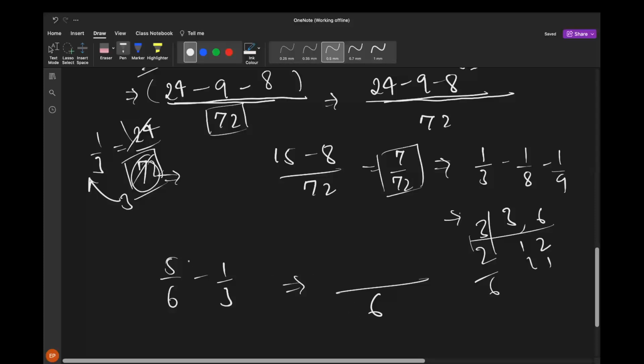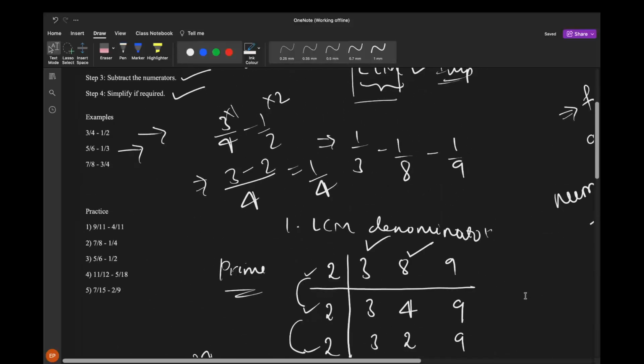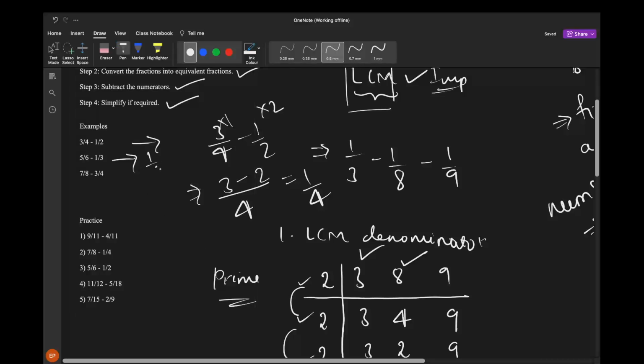So to get 6, what do we have to multiply? 6 ones are 6, 3 twos are 6. So 5 into 1 is 5 minus 2 into 1 is 2. 5 minus 2 is 3 by 6. Here you have to simplify, right? Because the HCF is not 1. 3 ones are 3, 3 twos are 6. Now the HCF is 1. So this is the final answer, 1 by 2.